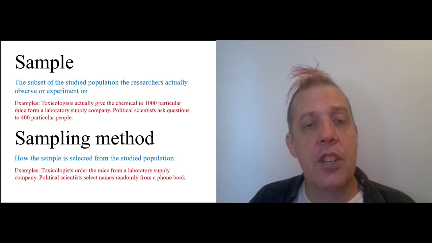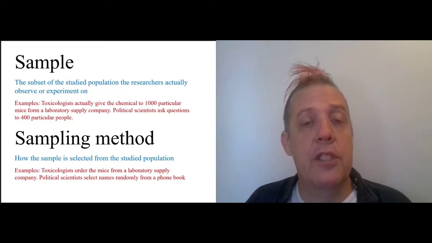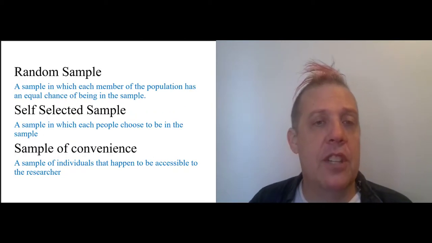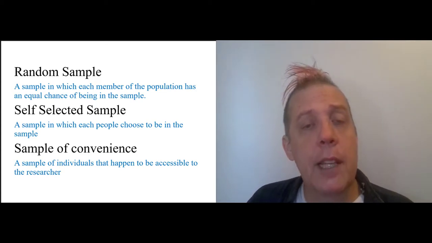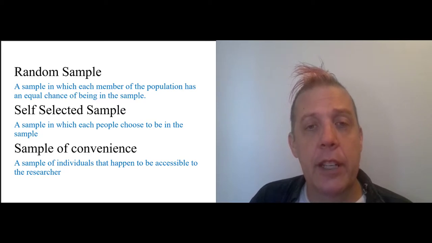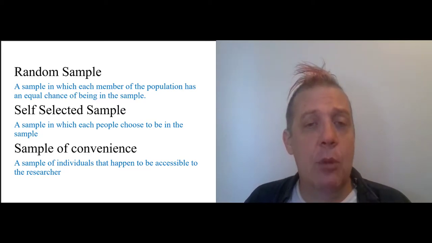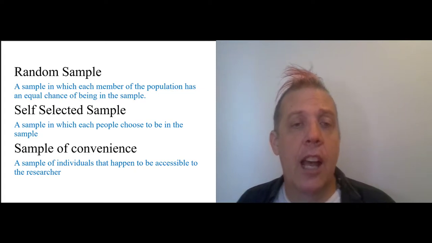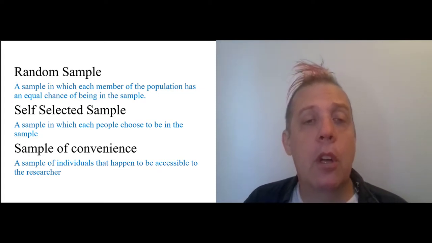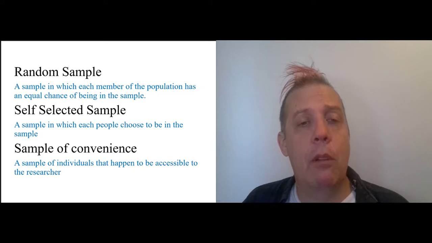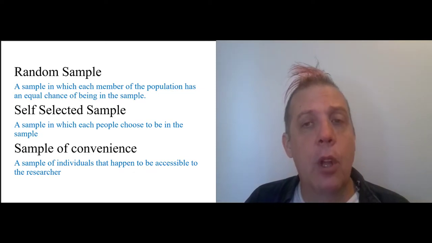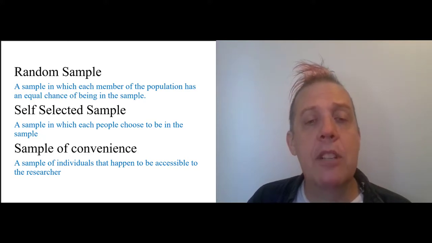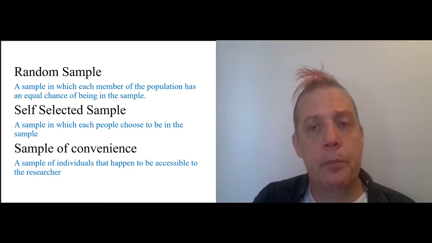An important thing to note here is the sampling method, right? How it is that you get the sample. And we made this distinction between a genuinely random sample, which is technically defined as a sample in which each member of the population has an equal chance of being in the sample, and what we call a self-selected sample, where people actually volunteer to be in the sample, or a sample of convenience, where you're just looking at the people who happen to be accessible to the researcher.